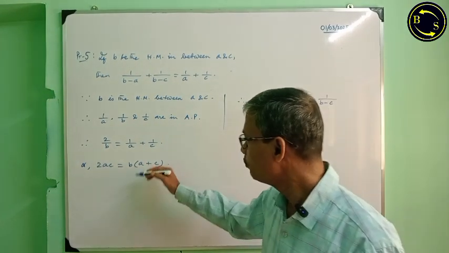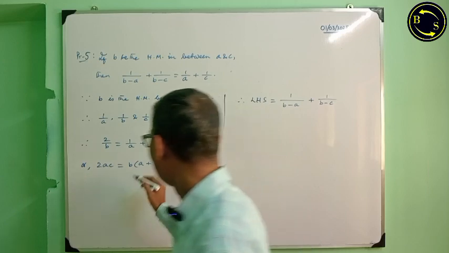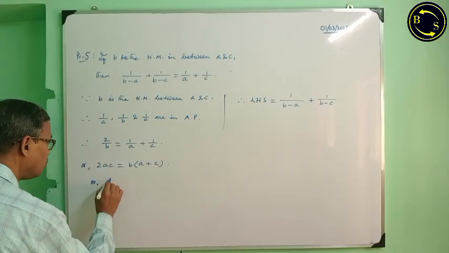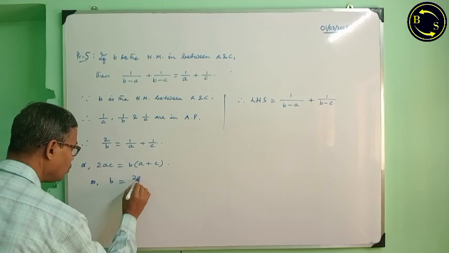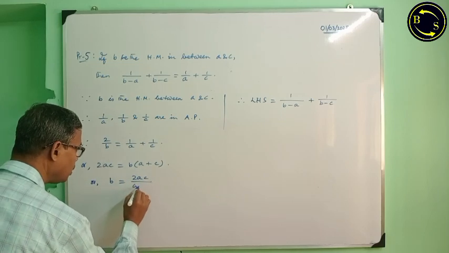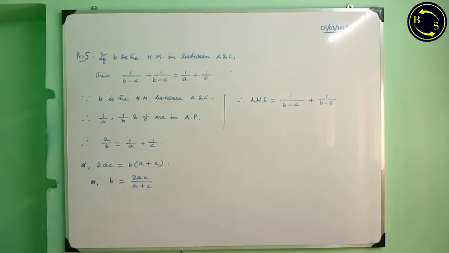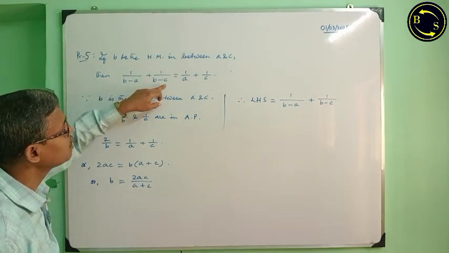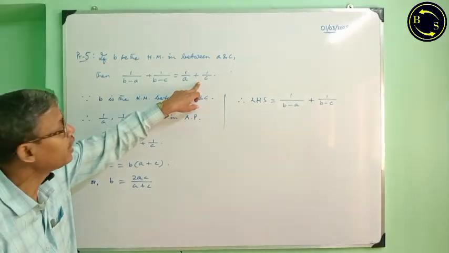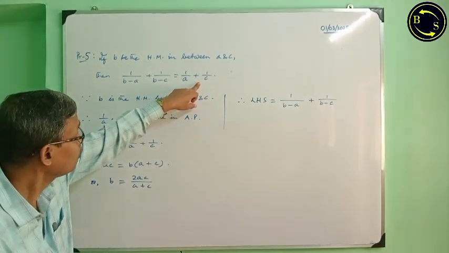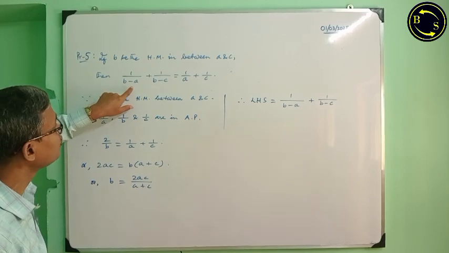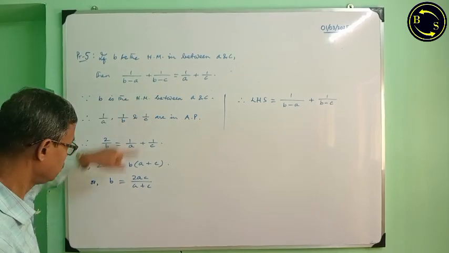Now from this I find the value of B, or B equal to 2AC by (A plus C). Now we have to prove 1 by (B minus A) plus 1 by (B minus C) equal to, on the right side we find there is no B. For that I calculate the values of this one and this one.